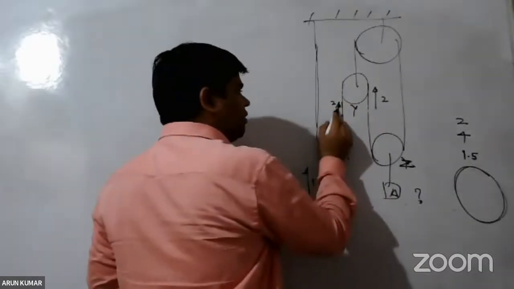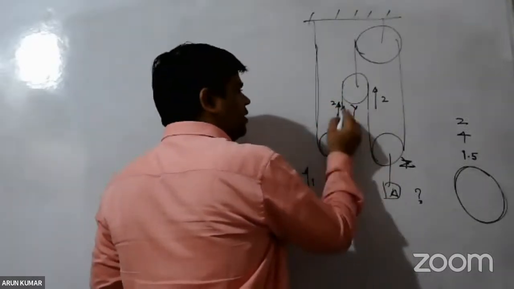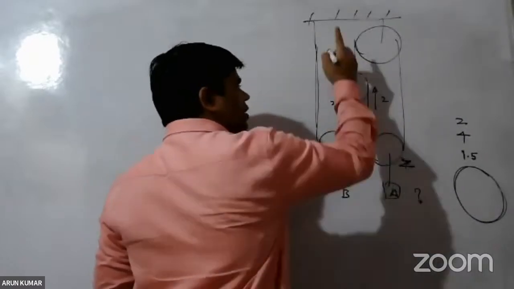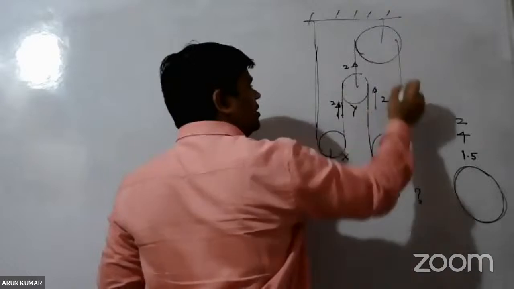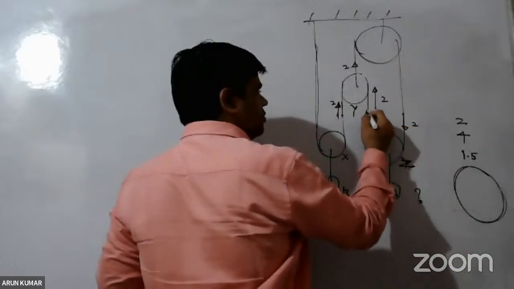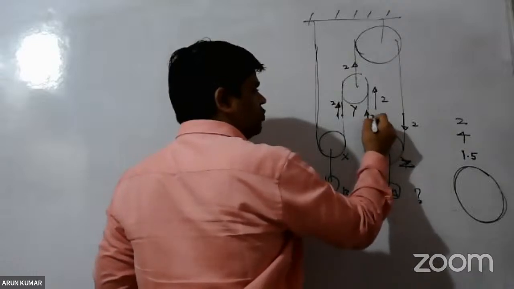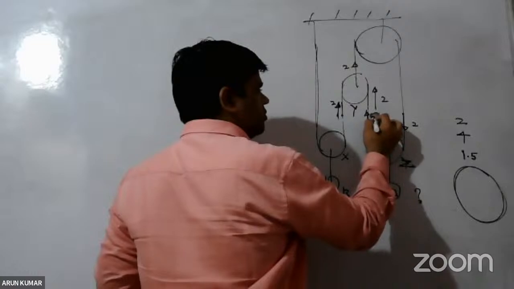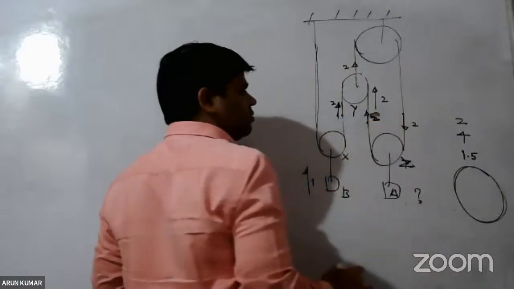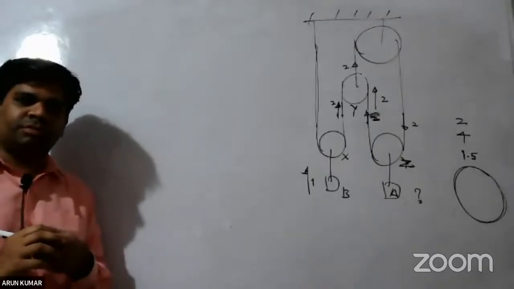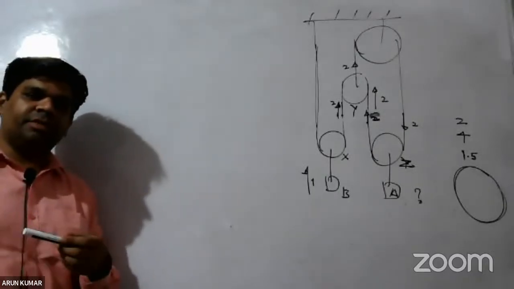If this is 2 upwards, this is 2 upwards: 2 plus 2 by 2, that is 2. If this is 2 upwards, this is 2 downwards: so 2 minus 2 by 2 is 0. That's it.